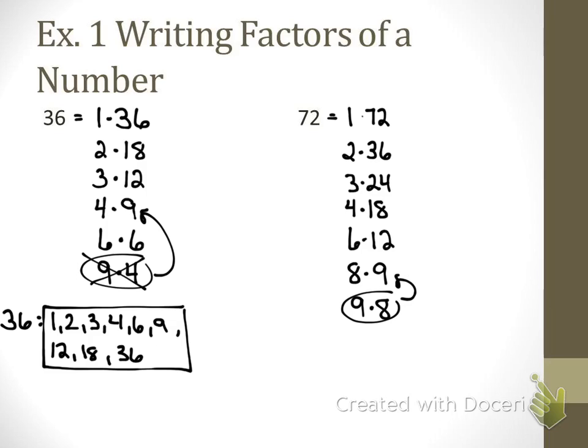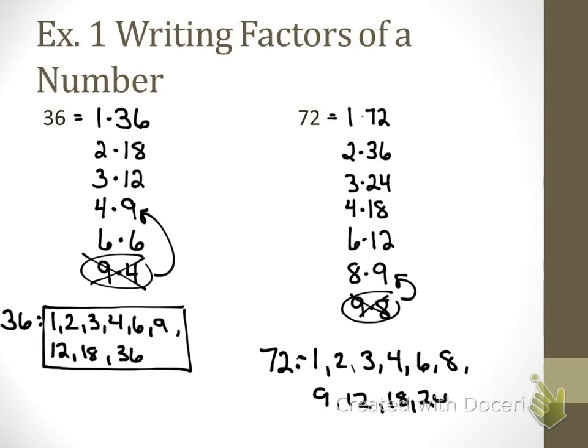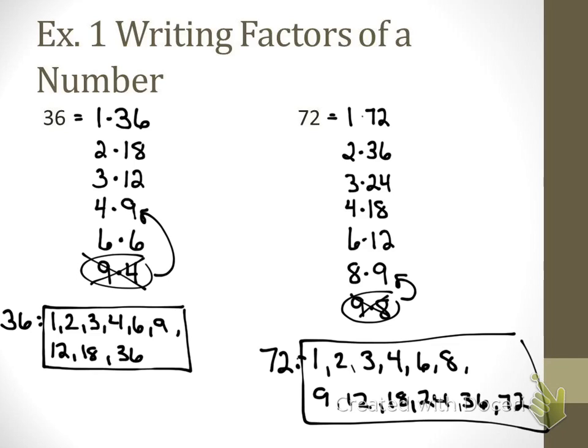Yep, I'm done because that's the same thing, and then I just list them out. I've got 1, 2, 3, 4, 6, 8, 9, 12, 18, 24, 36, and 72. All right, so that's listing factors.